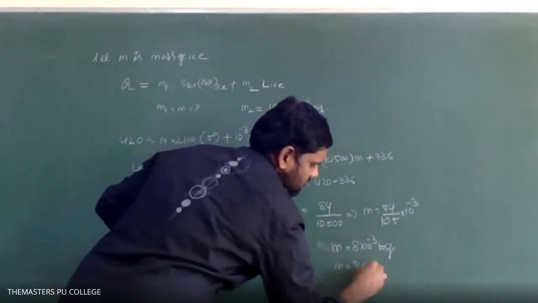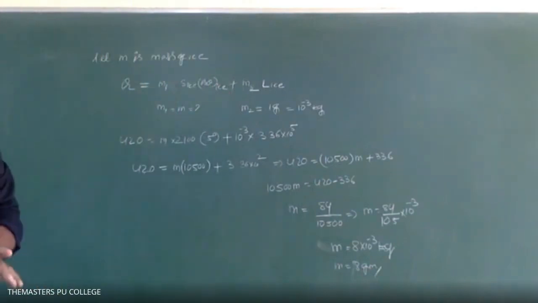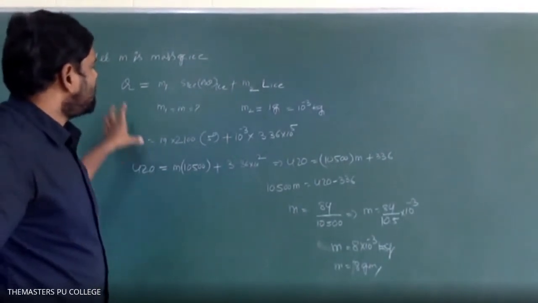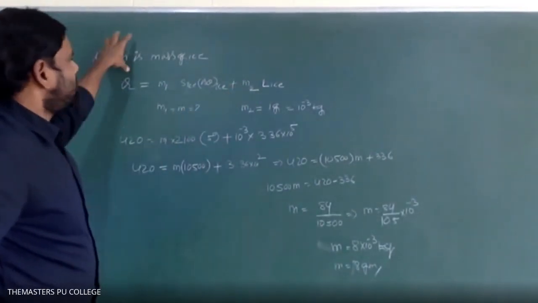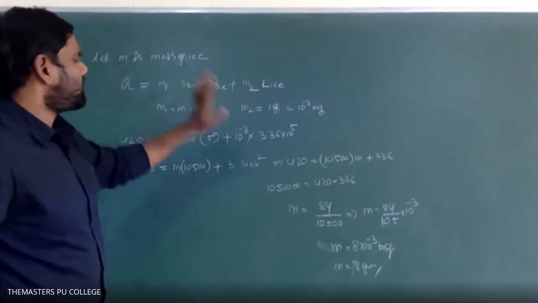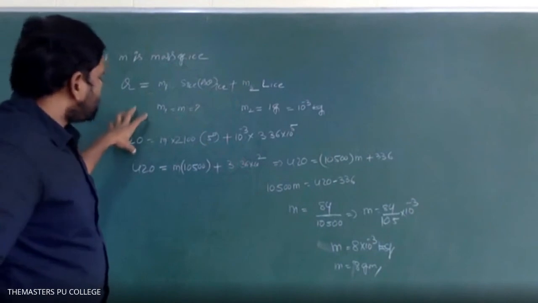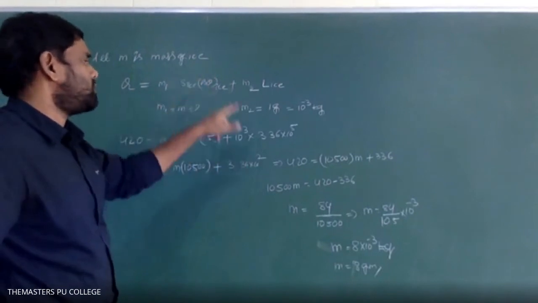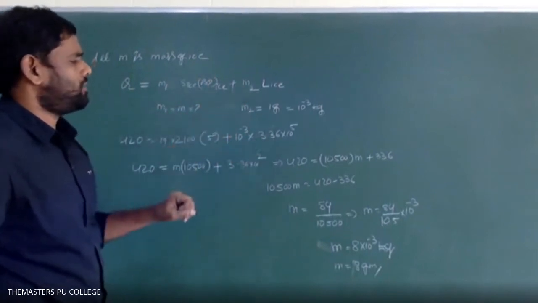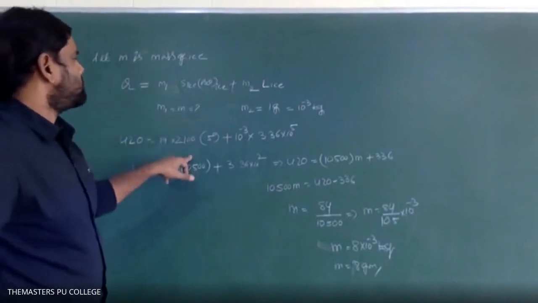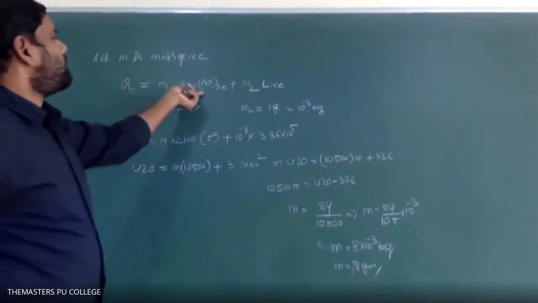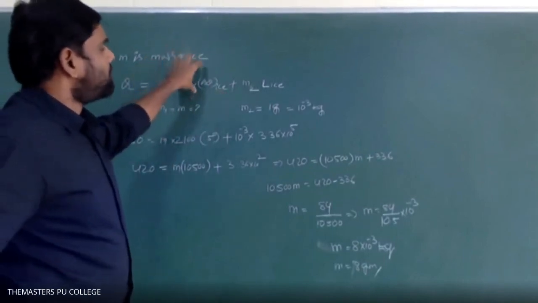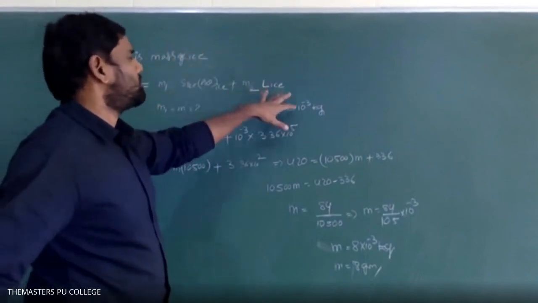Yes, 8 grams. So here all are level 2, high standard problems in calorimetry. The mass of the ice they didn't give, but they gave the hint: by absorbing 420 calories, the ice temperature is raised from minus 5 to 0, and in addition to that, 1 gram of ice is melted. So the supplied heat is partly used to raise the ice temperature from minus 5 to 0, and the rest is used to convert the ice into water, only 1 gram.